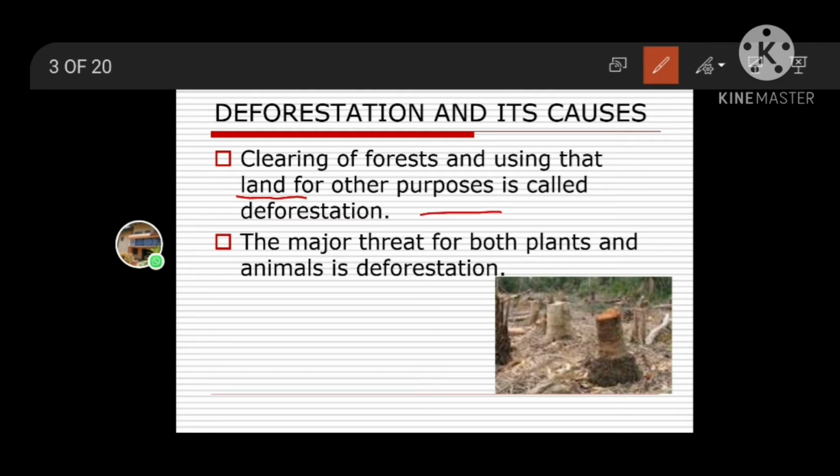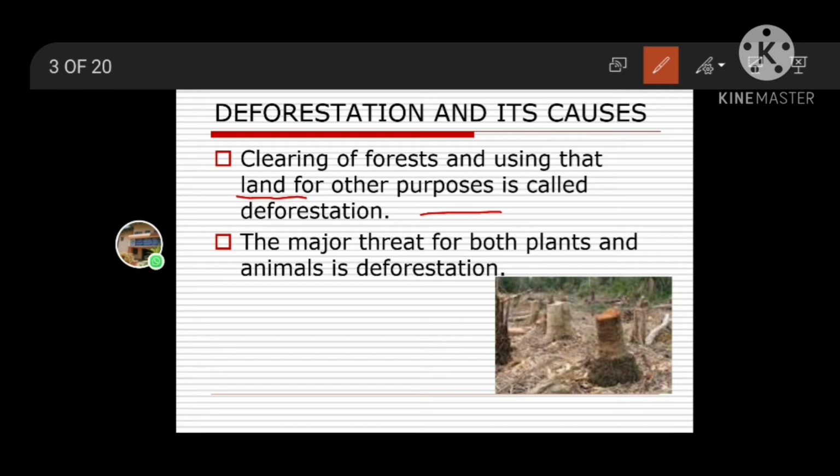What are the main purposes we may use that land for? Maybe construction of buildings, setting up of cities, setting up of industries, or agriculture. So the forests are destroyed for the want of land. This phenomenon is called deforestation.